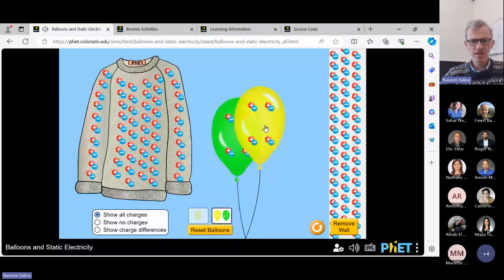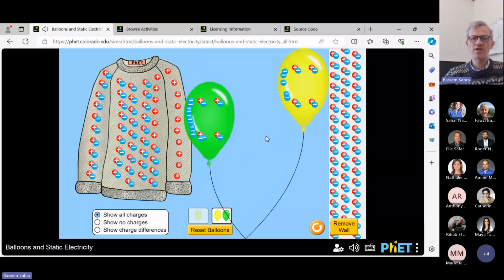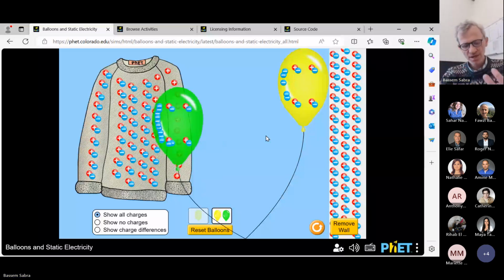I'm going to rub this one here, and this one here, and we'll see that the balloons start repelling each other because both of them picked up the same sign of charge. So from that, we develop the fact that same charges repel, opposite charges attract, and we go into all the other business.